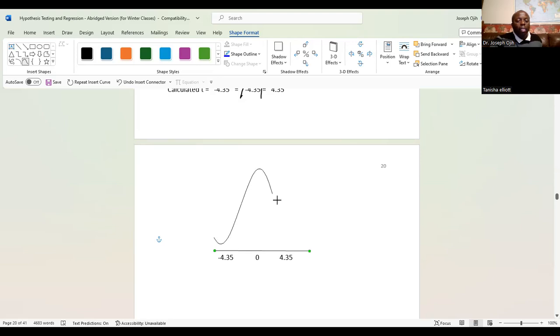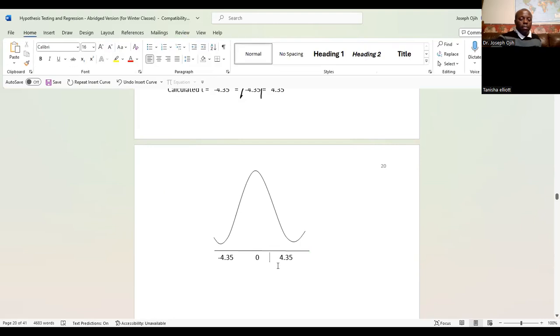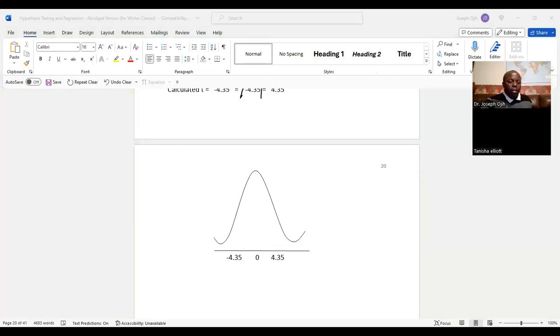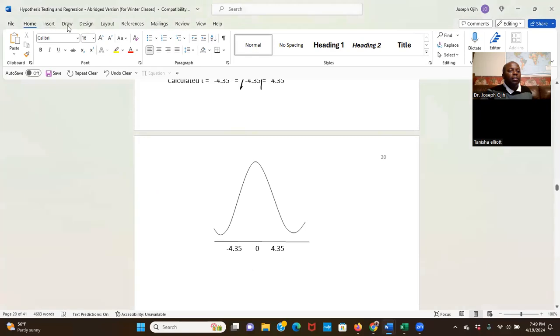I make some adjustment to this so we can put the center line. Make sure you're seeing this. Yep, I'm seeing it. That's where we are. So put the center line.